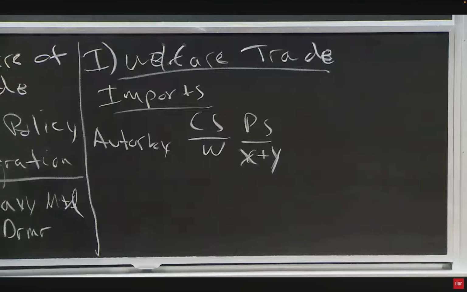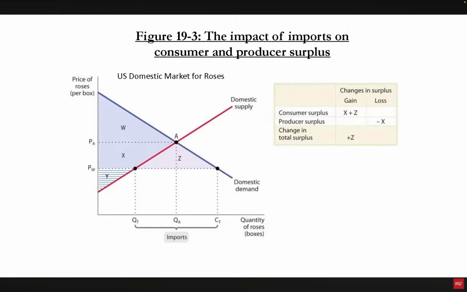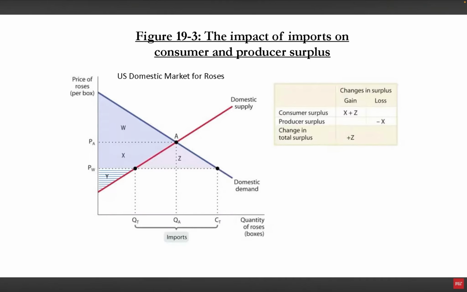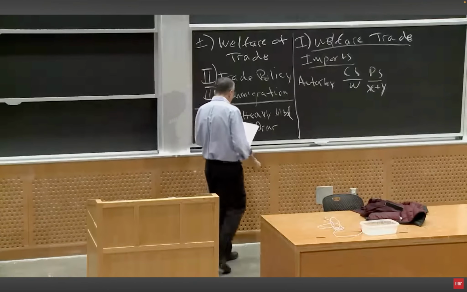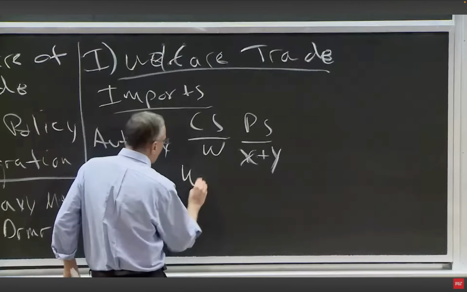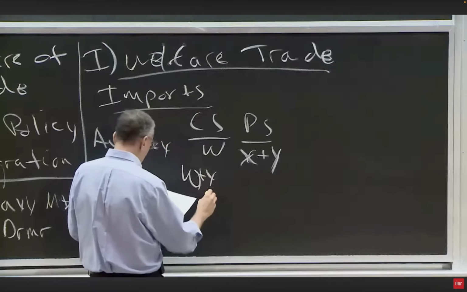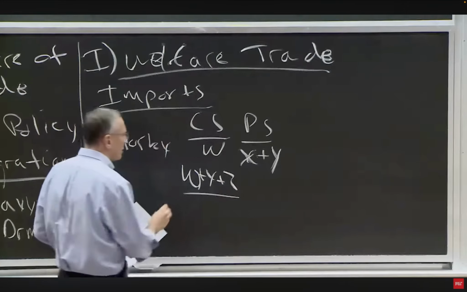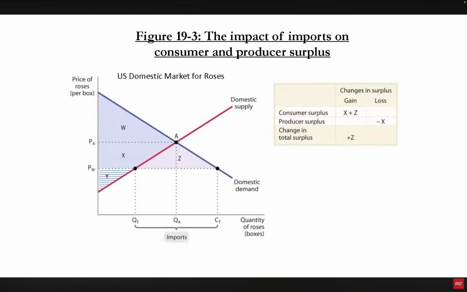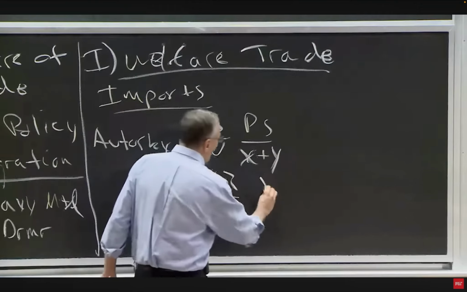That's the producer and consumer surplus before there's trade. Now we open up to trade. What happens under trade is now consumers get to consume C sub T. So consumer surplus is now W plus X plus Z. Producer surplus has fallen all the way to Y.